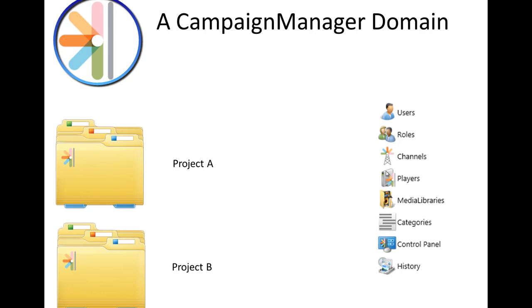And I know I'm throwing out a lot of new terms, but don't worry, we will cover each of them in due course. Control panel does for Campaign Manager what it does for Windows. It's a centralized location where you can control the way your system behaves. History then contains a list of all the actions that have occurred on your network over time.